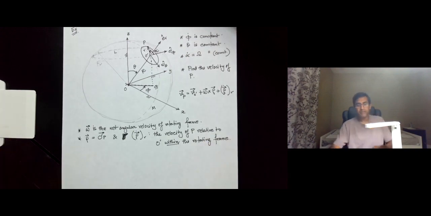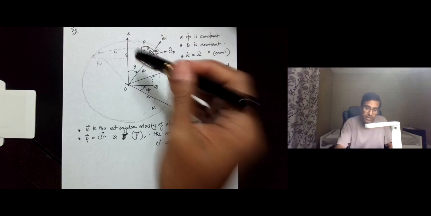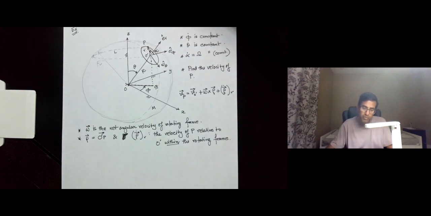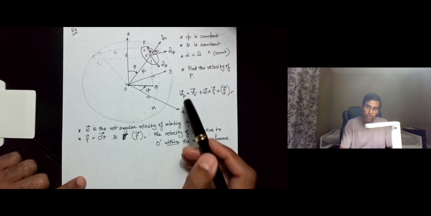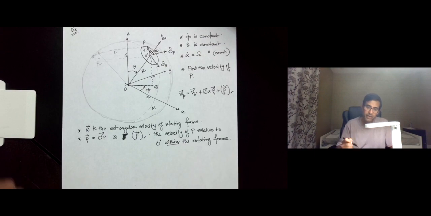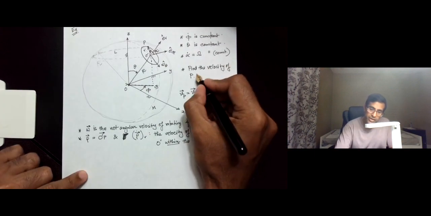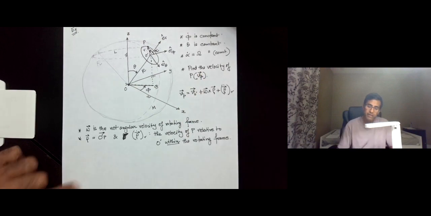So as observed within the rotating frame, what would be the velocity of P with respect to O prime? Okay, so these are the main components. Our goal is to find Vp. So find the velocity of P, we are calling it Vp. Right.